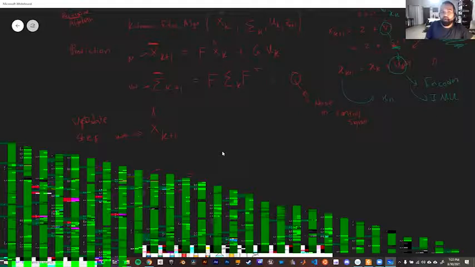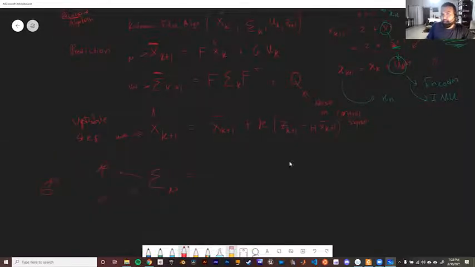Okay, so how do we actually get these two final answers? To get these two final answers, we take our prediction, which is x bar k plus 1, and then we add the Kalman gain, and I'll show you how to calculate it, multiplied by the difference between the observation minus the observation model applied to the predicted state.